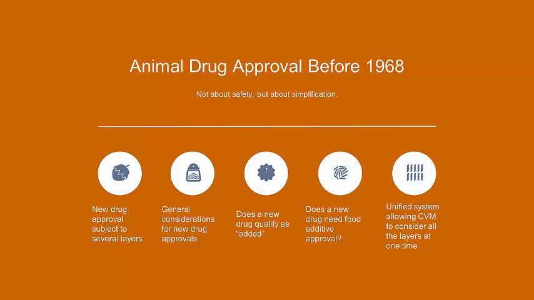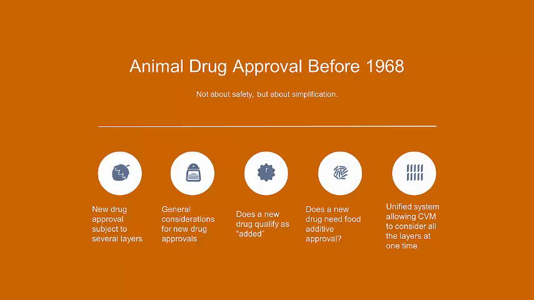Every time there's a new drug request for a food-producing animal, the Center for Veterinary Medicine, the CVM, can look at all those layers, and in particular look at the residues both through the added and through the food additive, more often than not through the food additive lens, to determine whether that residue is going to be in violation of the amendment. Consider the Delaney Clause issues. The Delaney Clause is added to the Animal Drug Amendment here.